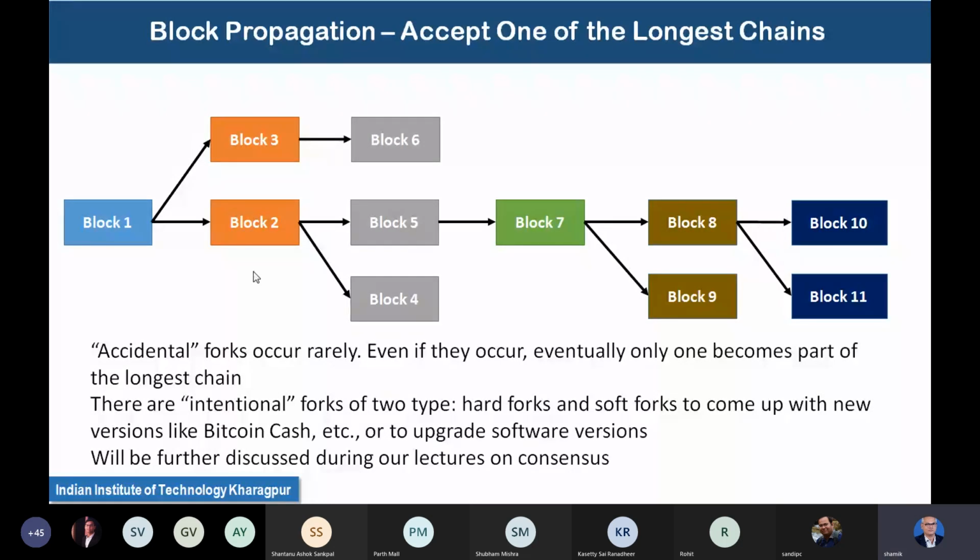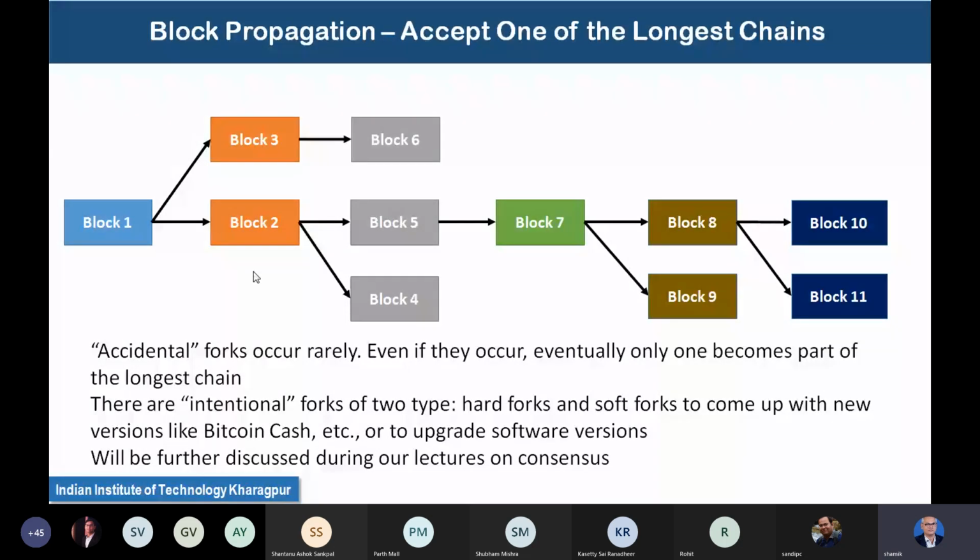But there are certain times when some forks are created intentionally. For example, from the main Bitcoin chain, someone says, we want all the blocks to be of size 8 MB, or 2 MB, not 1 MB. We don't want to stick to that, and there are certain reasons for it, and others do not agree.